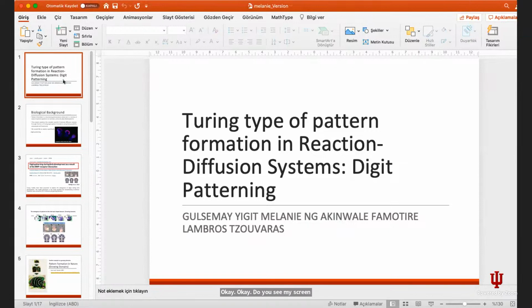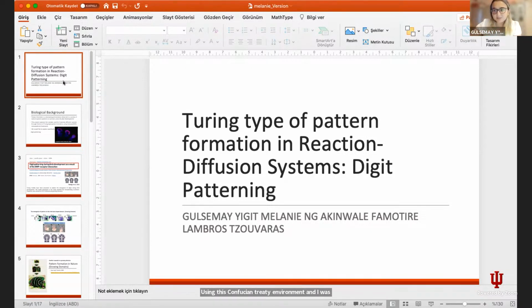Yes. Thank you. So from the beginning, I had this main problem in my mind: Turing type of pattern formation and modeling reaction diffusion systems using this CompuCell3D environment.